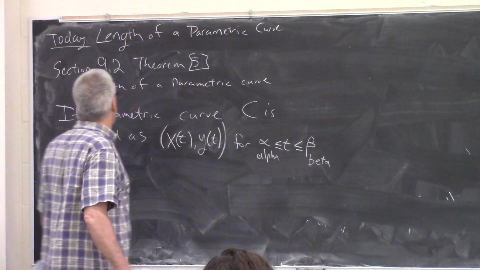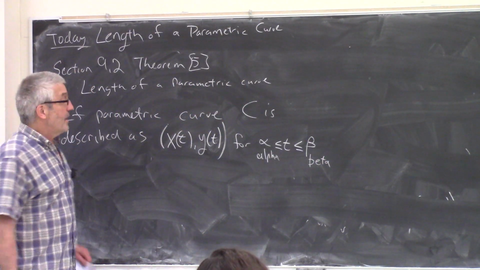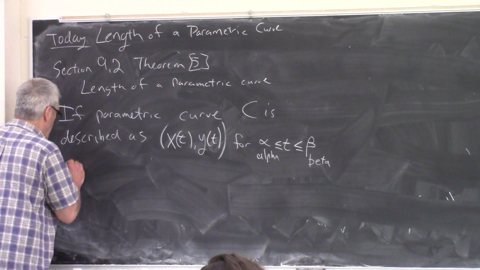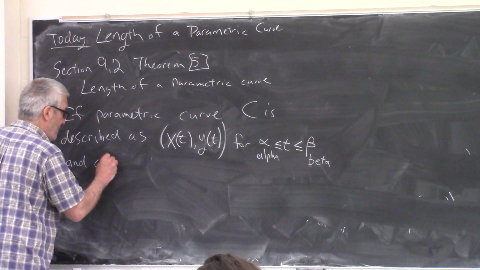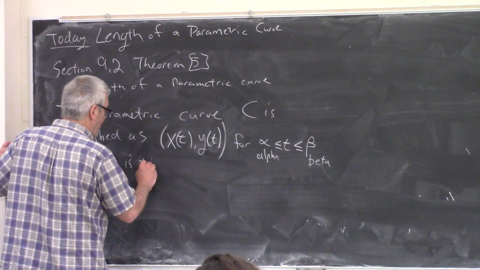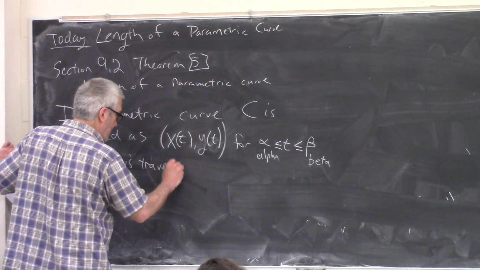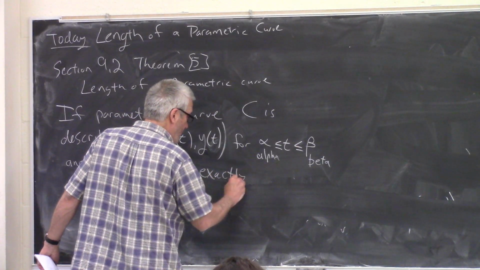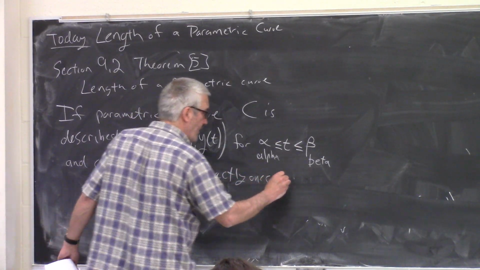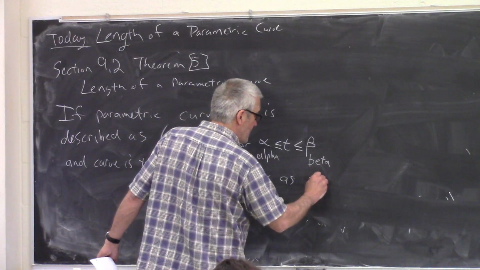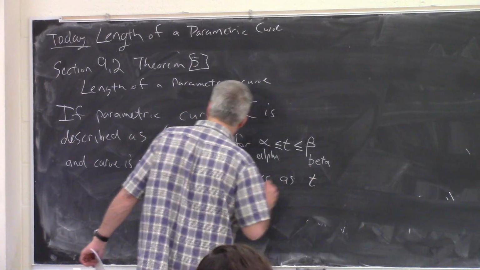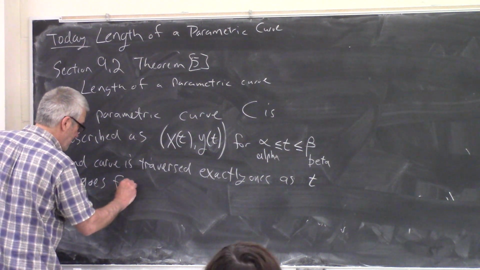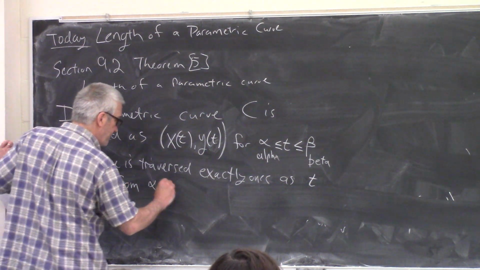So that's the if, but the if is not done. And the curve does not retrace its steps. So the curve is traversed exactly once as t goes from alpha to beta.